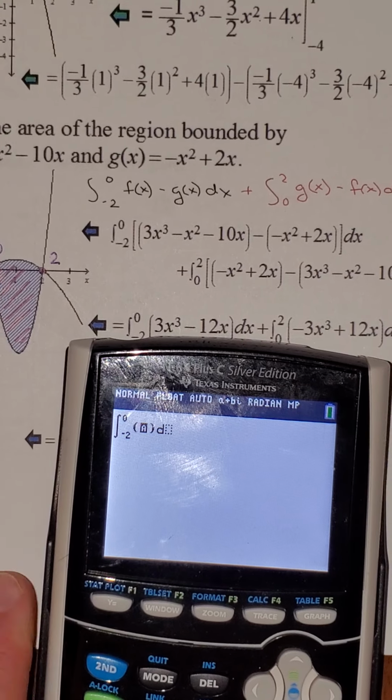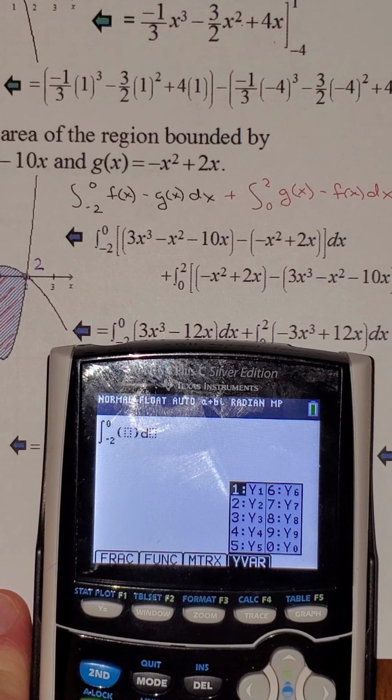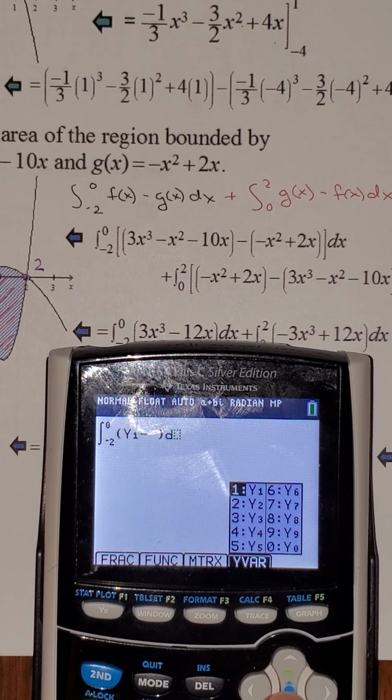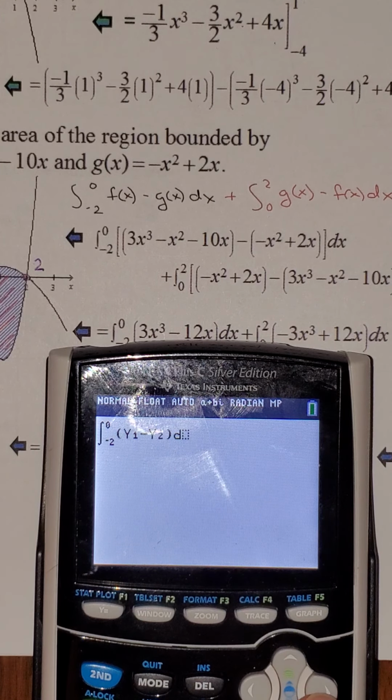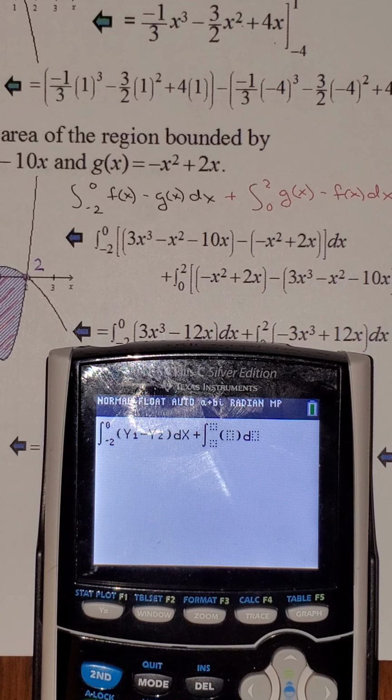When you hit that alpha key in the green, you can go to the trace button. And look at that. Number 1 is y sub 1 minus, do it again, green key in the trace button. Number 2 is y sub 2. Ladies and gentlemen, I just punched in f of x minus g of x. And then I can add, do it again, math number 9. Again, that's math number 9. Goes 0 to 2.